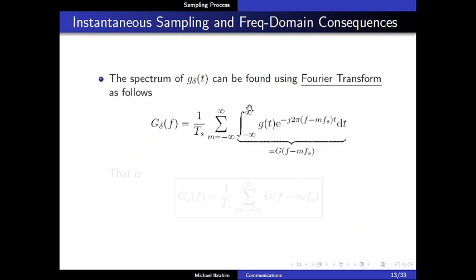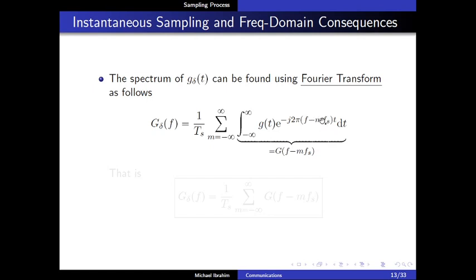If you take a look at this integration, it's very similar to the Fourier transform. In the Fourier transform, you integrate from minus infinity to positive infinity g of t e to the negative j 2 pi f t dt. In the definition of the Fourier transform, we do not have this m fs.